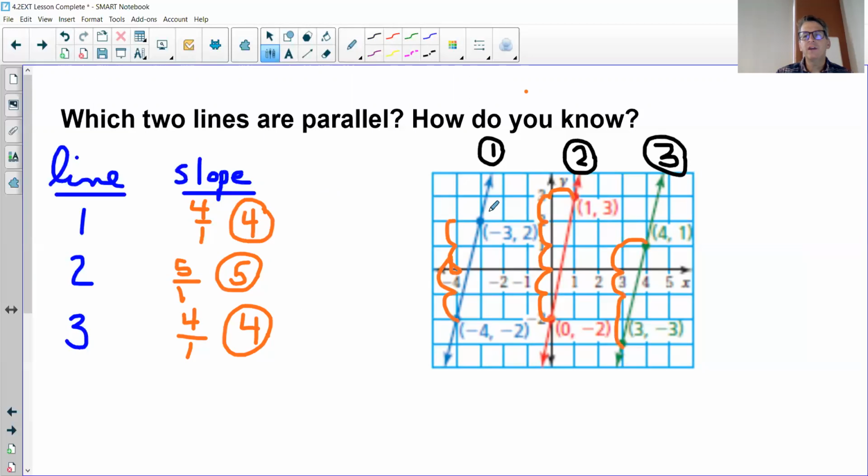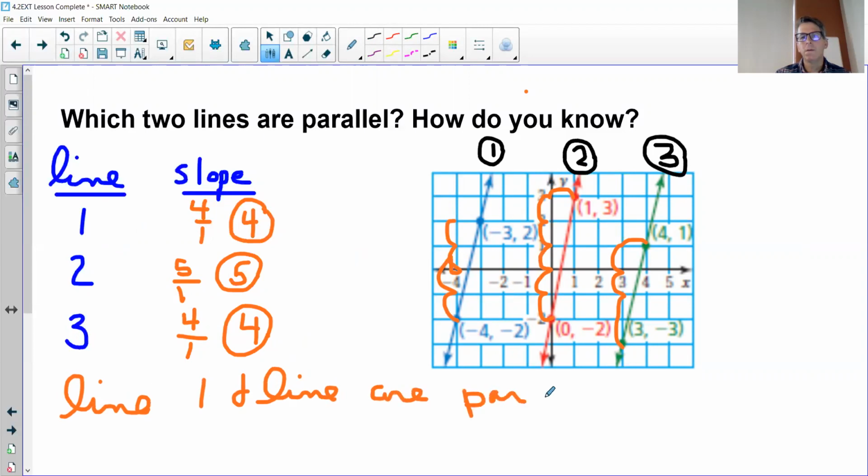Based upon this exercise, finding the three slopes of these lines, I can conclude that line 1 and line 3 are parallel. How do you know? The slopes are the same.